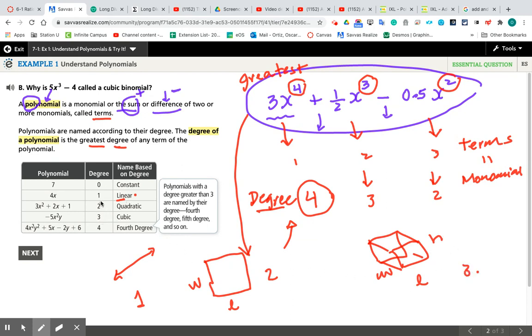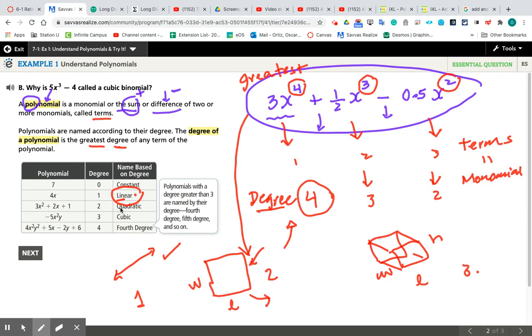So that's why you see that when the degree of a polynomial, like this one right here, is 1, we call it linear, all right? Linear. And if it is degree 2, such as this one here, then we call it quadratic. Those of you who speak Spanish, this is cuadrado.